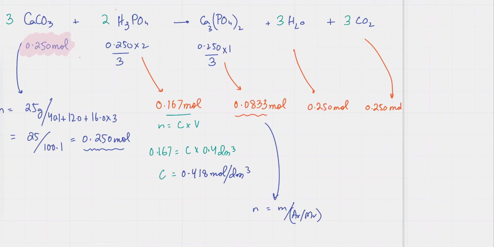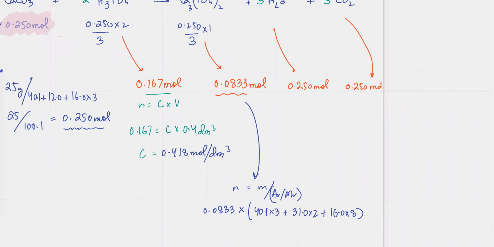So we have the moles, 0.0833, and I'm going to multiply it by the MR. Calcium is 40.1, and there are 3 of them. Then you've got 2 phosphoruses, that's 31.0, and there are 2 of them. And you've got 8 oxygen, so that's 16.0 times 8.